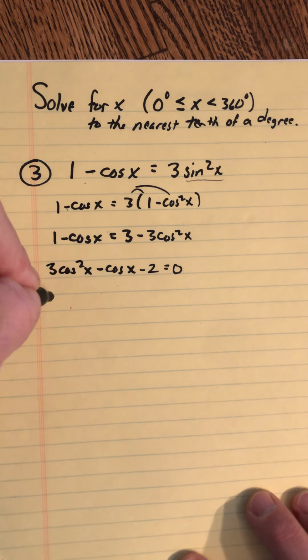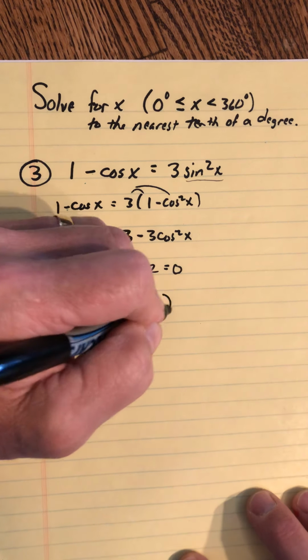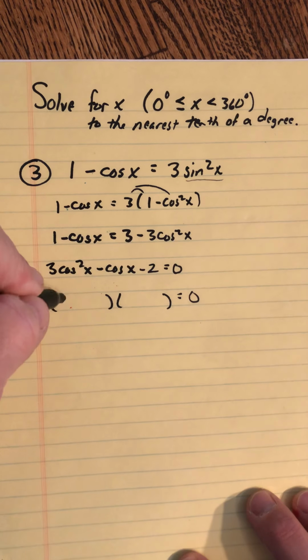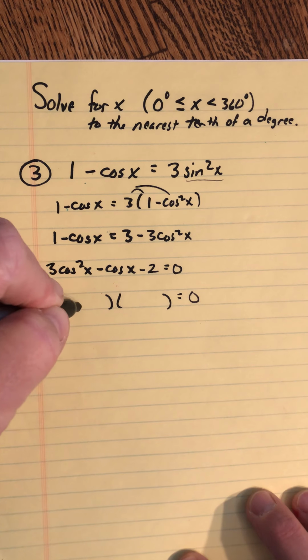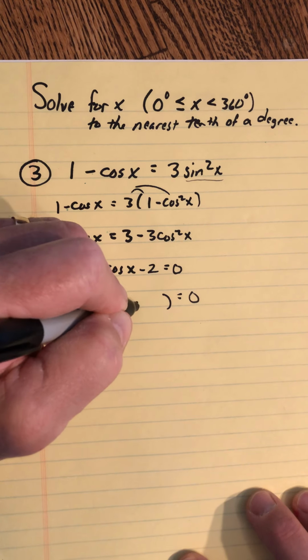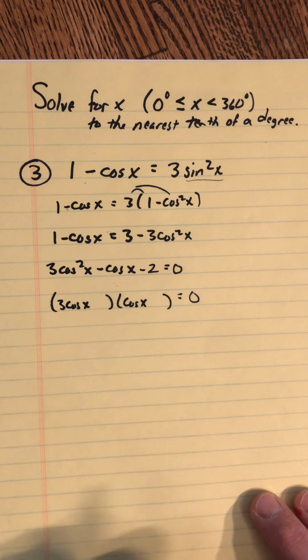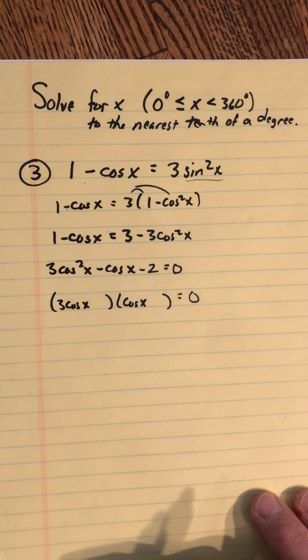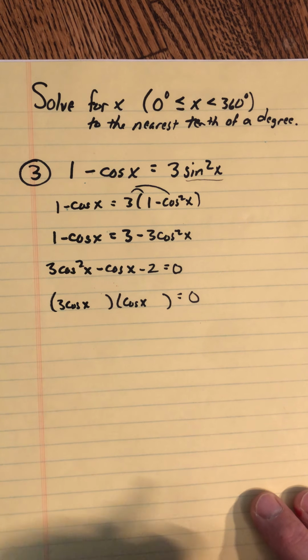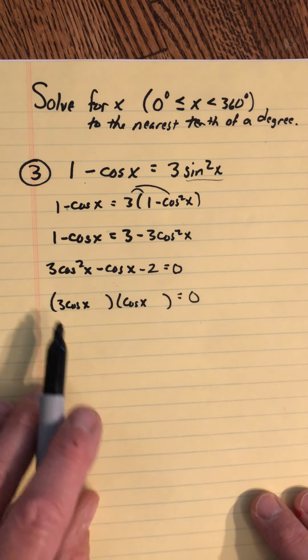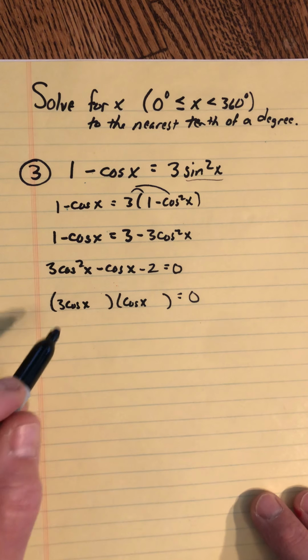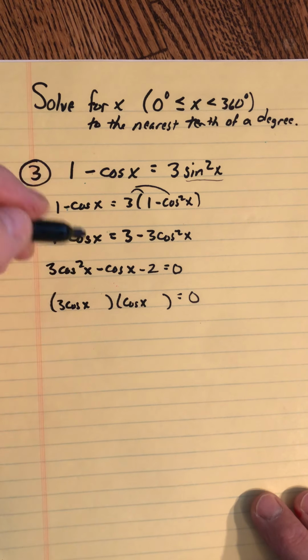Now it's time to factor. Well, 3 is prime, so it's got to be 3 cosine of x times 1 cosine of x to get 3 cosine squared x if it's going to factor. All of these I have designed to factor, but technically they don't have to factor. You could use the quadratic formula if you couldn't factor this, but everything I write will be factorable.